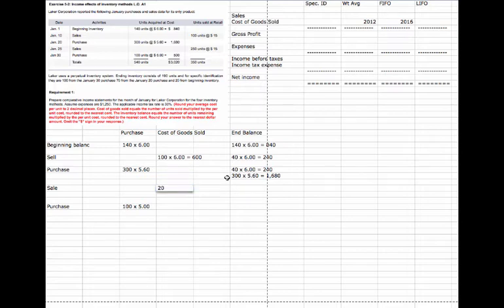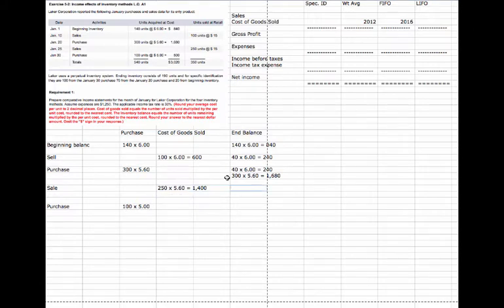So we're going to take 250 units times $5.60, and it's going to give us $1,400.